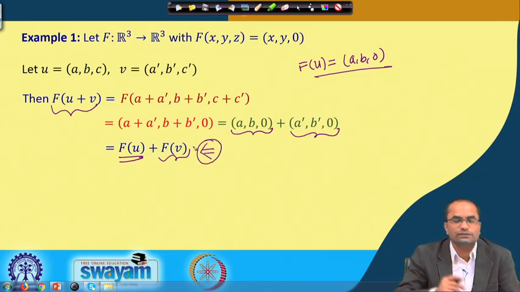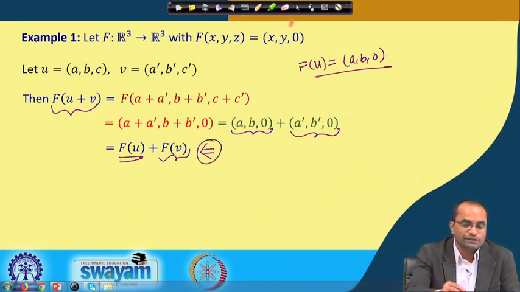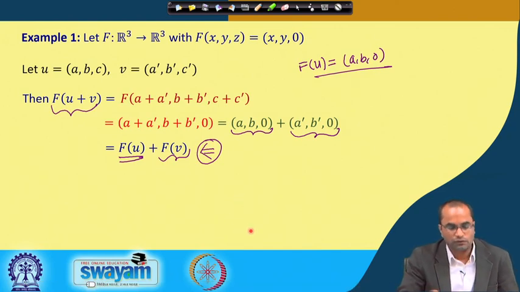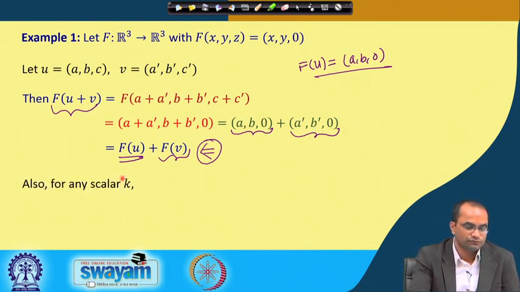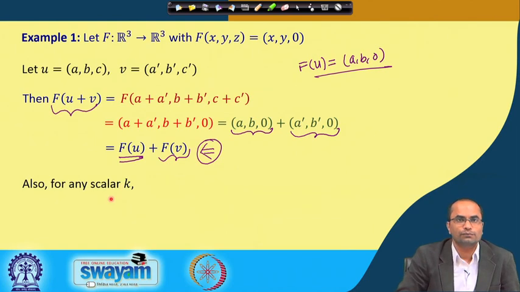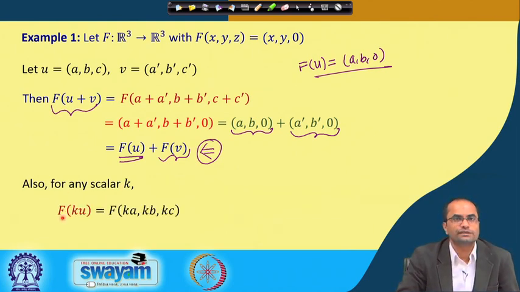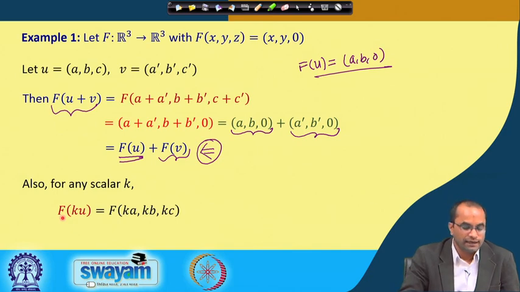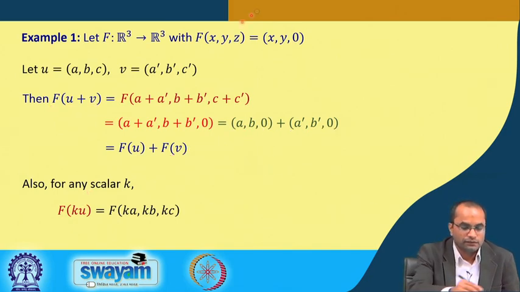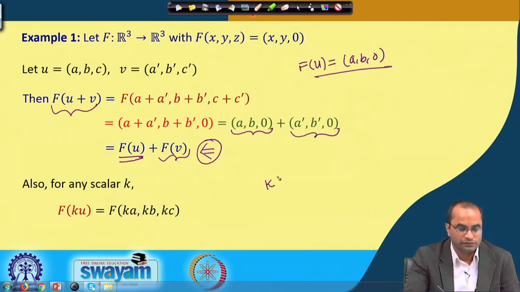So, the first condition of this linearity is satisfied, and now we will check for the second one, which is also trivial in this case. For any scalar k, we consider f of k times u. As per the definition, k into u will be just multiplied, the k will be multiplied to each component of this (a, b, c).